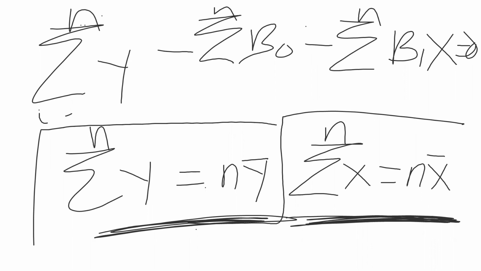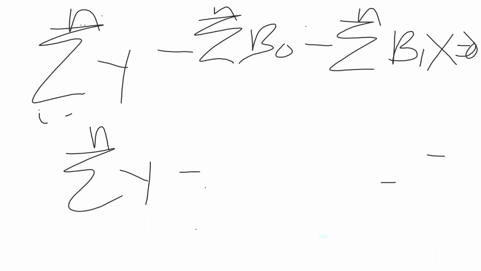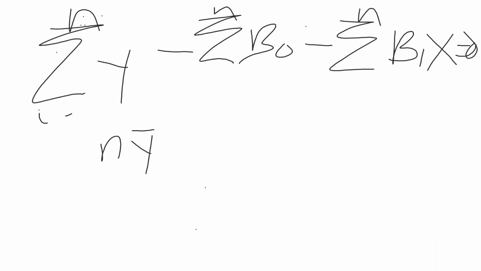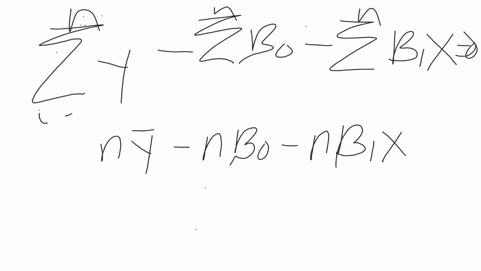Okay. If you have gotten this one, then when you sum, this will be n y bar. This one minus will be n beta naught. Then minus n beta 1 x.